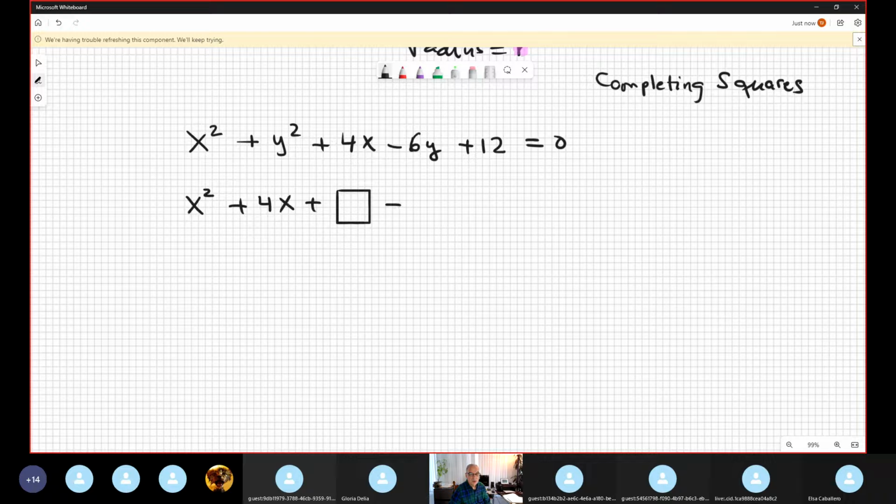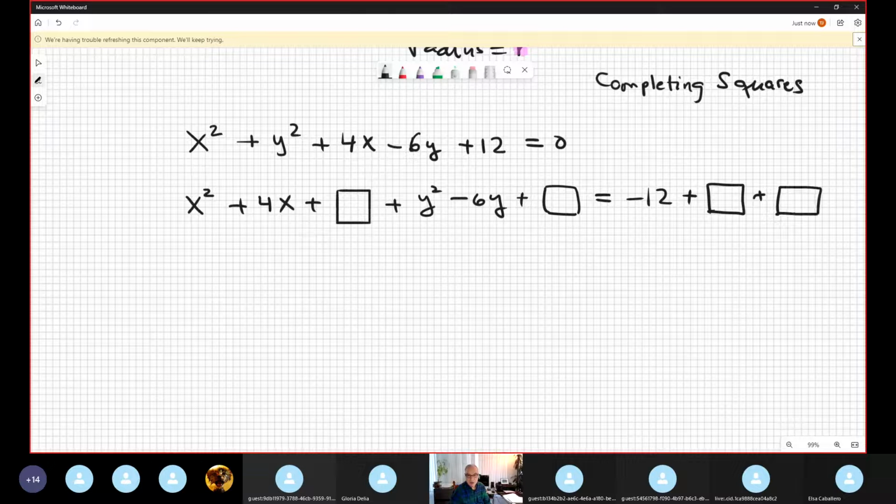And you organize likewise in y: y squared minus 6y plus another box to complete the square, equal sign. This 12 you move to the other side, and you copy two boxes that contain the magic numbers that complete the square. Do you understand this organization? Yes.